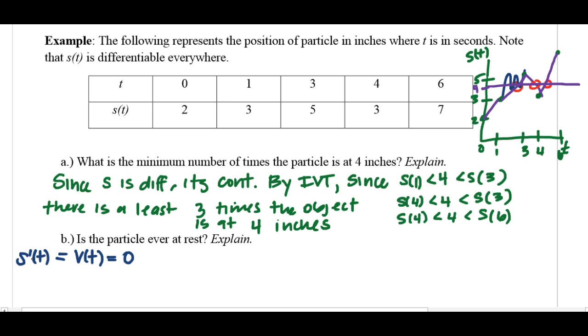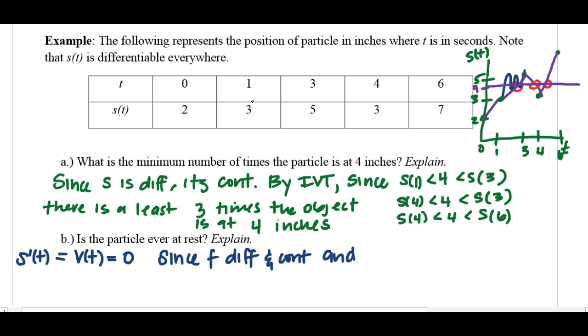So when I see a derivative being 0, if I can show that the original function had 2 y values that are the same, because I have differentiable and continuous, then I can say that there's some place where the derivative is 0.